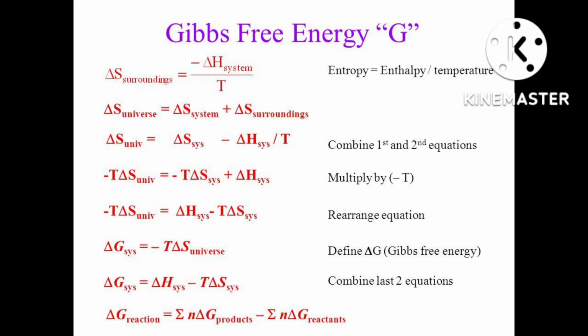I already told you the relation: minus standard delta G is equal to minus 2.303 RT log K. Now all things are given.